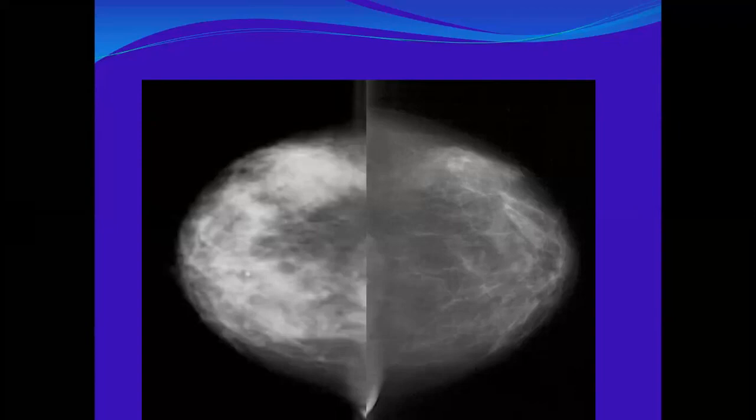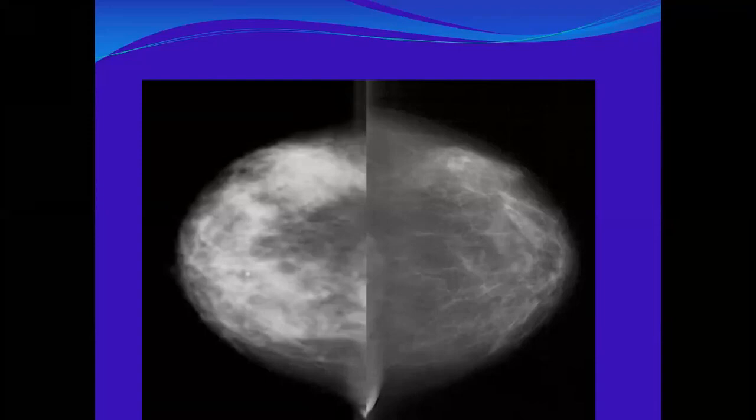Is the exposure and compression good? The positioning is not bad, but the contrast and the compression. I think the compression on the right side is not adequate. That is why the image is also hazy.